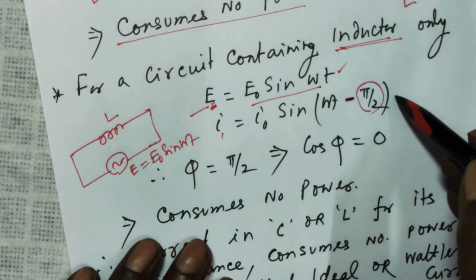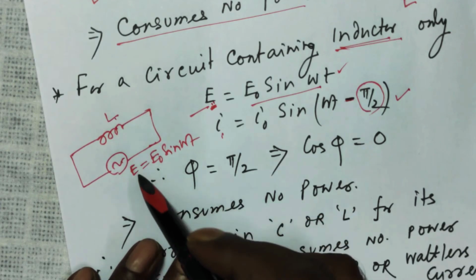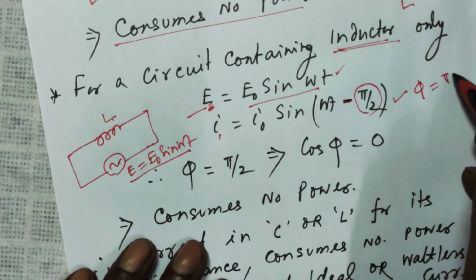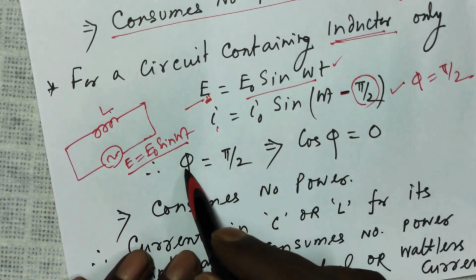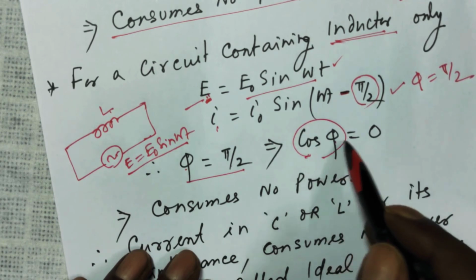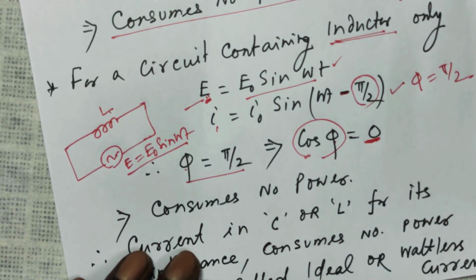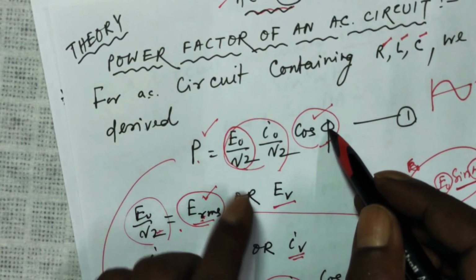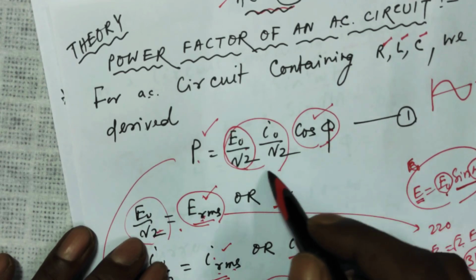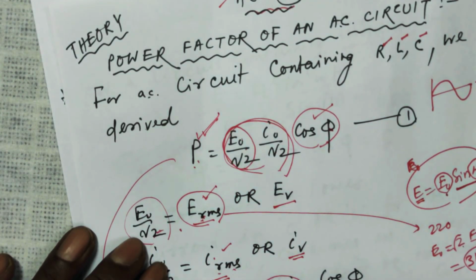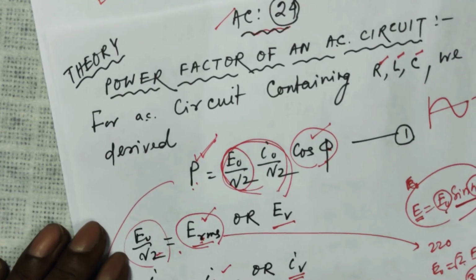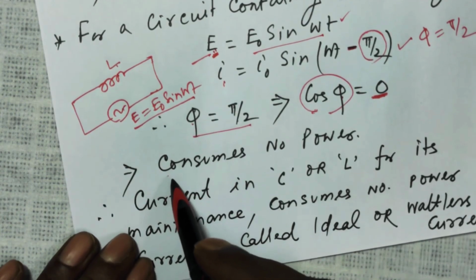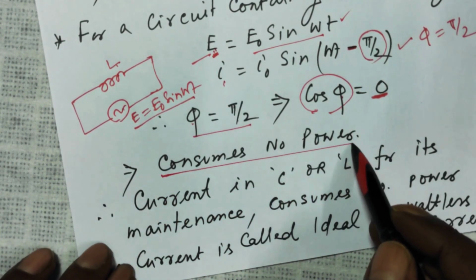So if you compare this expression and this expression for a circuit containing inductance connected across alternating EMF, your phi is equal to pi by 2 and cos phi, cos 90 is 0. So if you put this value here, cos pi by 2 is 0. 0 into this thing is 0. So the true power is 0. So no power is consumed in a circuit containing a pure inductor only. Means the power factor is 0. So it consumes no power.